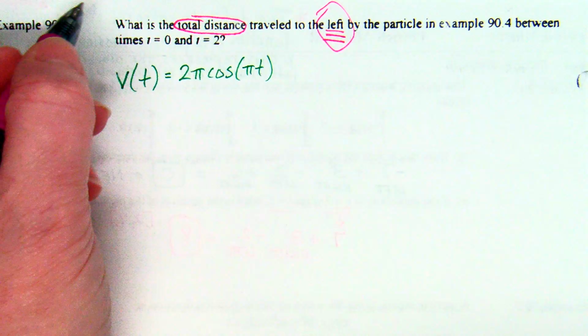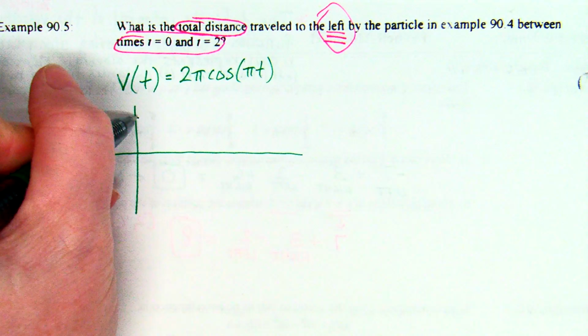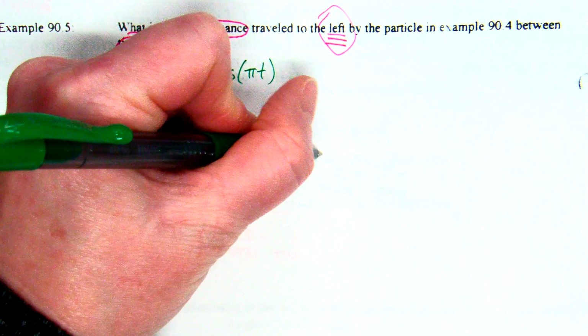Now, in order to know what's going on here, on the front side we just looked at where the particle is stationary, right? You have to know what's happening in between those points. So can you guys visualize your cosine curve? This is the easiest way for me to talk about this one. Cosine curve starts high, crosses through, hits a minimum, and ends high, right? And this is your cosine curve. Now, we are specifically looking on what interval?